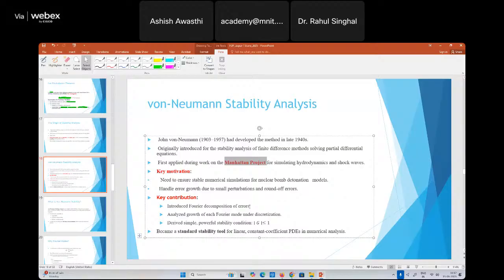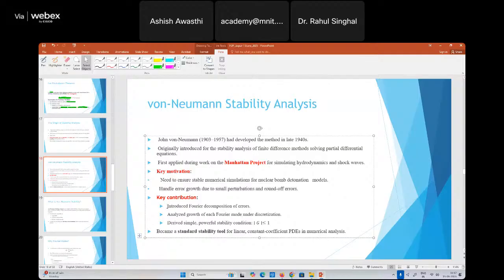This project itself is interesting. The need was to ensure stable numerical methods for nuclear bomb and detonation models, handling error growth due to small perturbations and round-off. That we already know, because once it is stable, we can talk about all these things.